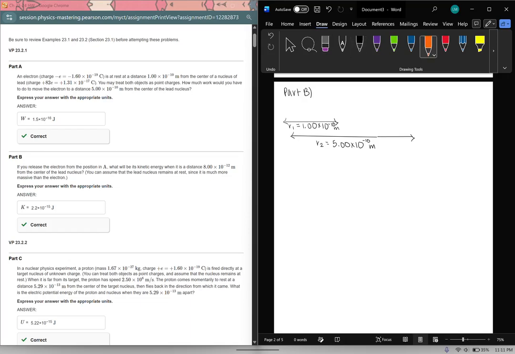Okay, so here is the lead, which is the plus 82e.